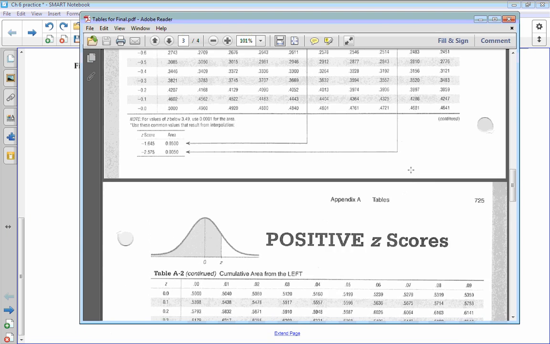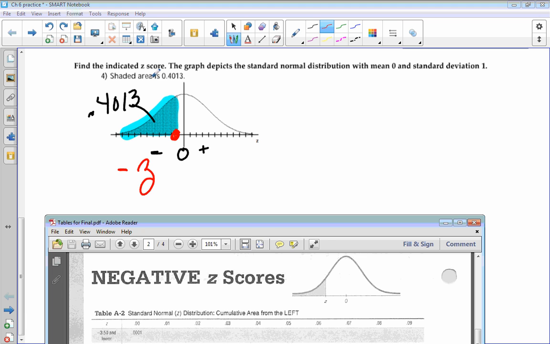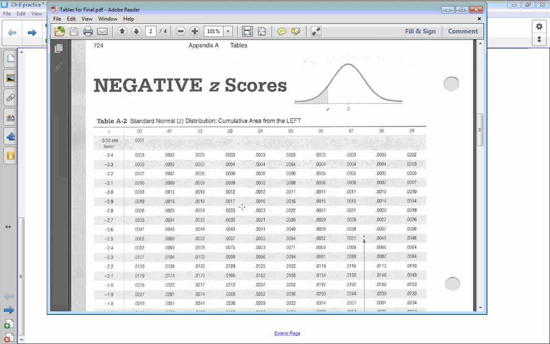It's got to be. So I'm going to go to my table first to show you how to do it at your table. We're looking at a negative z. And when I'm looking at negative z, I'm now remembering that in my table, I'm looking for the area of 0.4013.